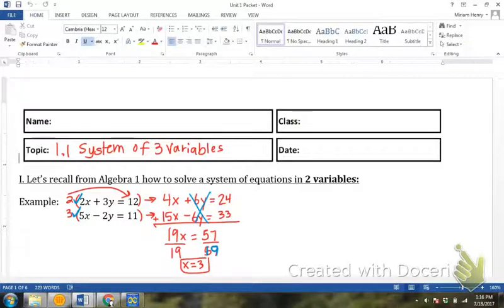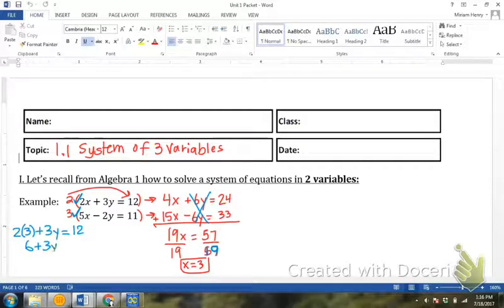Let's just take the top one. Let's all plug our 3 in for x using the top equation. I'm plugging my 3 in for x, and now I'm going to solve it for y. So 2 times 3 is 6.